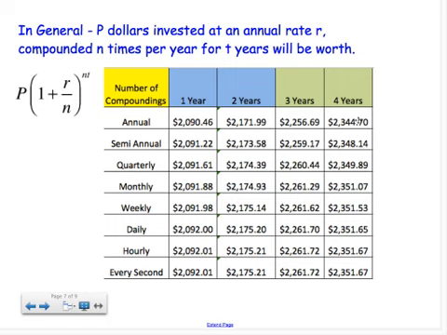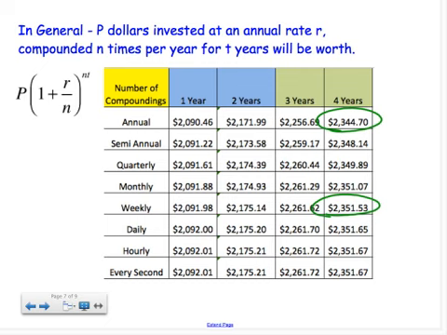Notice that, let's look at 4 years. At 4 years, if you compound your money once a year, you would have $2,344.70. And let's just say you did it every week, you'd have $2,351.53, which is a little bit more, not substantially more, but you can imagine that if your initial amount deposited was larger, then the difference would be larger, and it'd be kind of substantial.